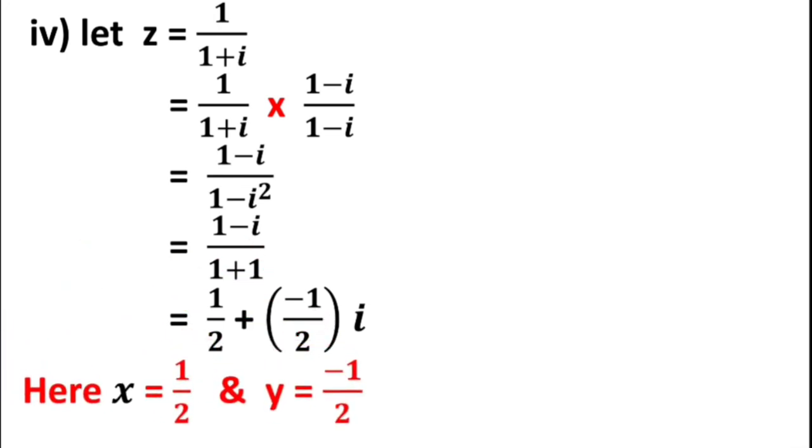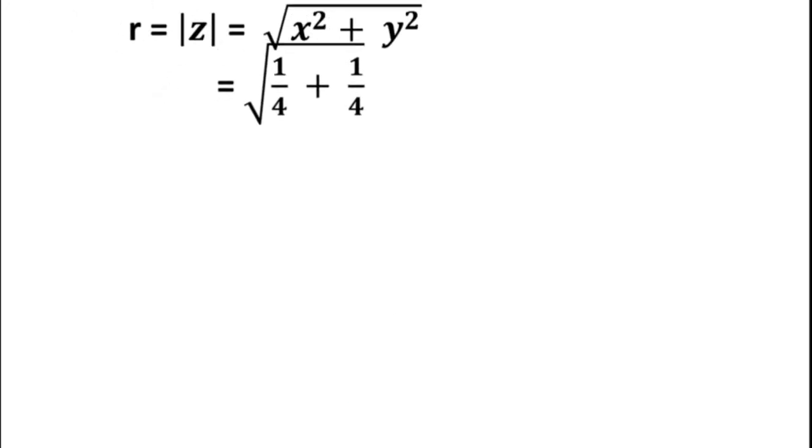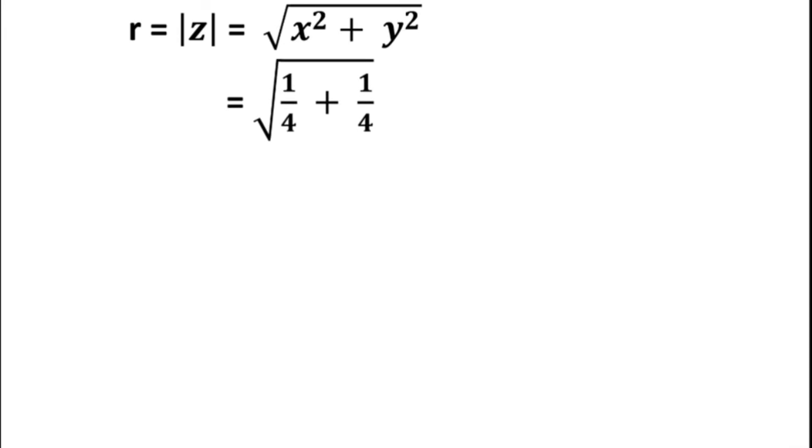Okay. Again you have to apply the same formula, r into bracket cos theta plus i sin theta. So you have to find out the value of r as well as theta. So we have r is equal to under root of x square plus y square, that is half square plus minus half square, that is 1 by 4 plus 1 by 4, that is nothing but 2 by 4, and that is nothing but 1 upon root 2.